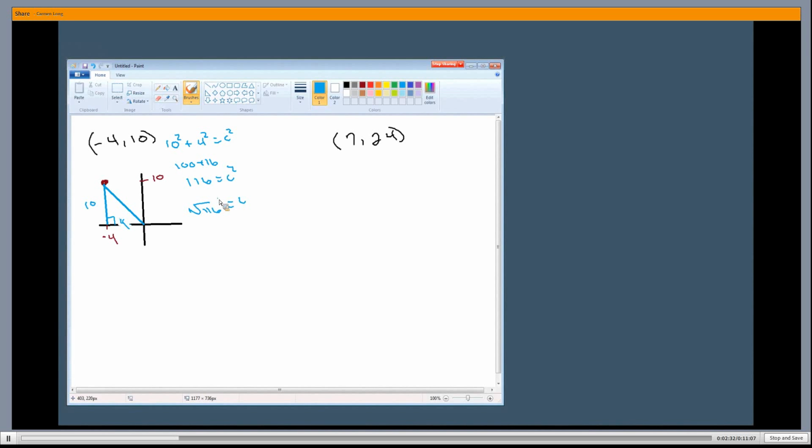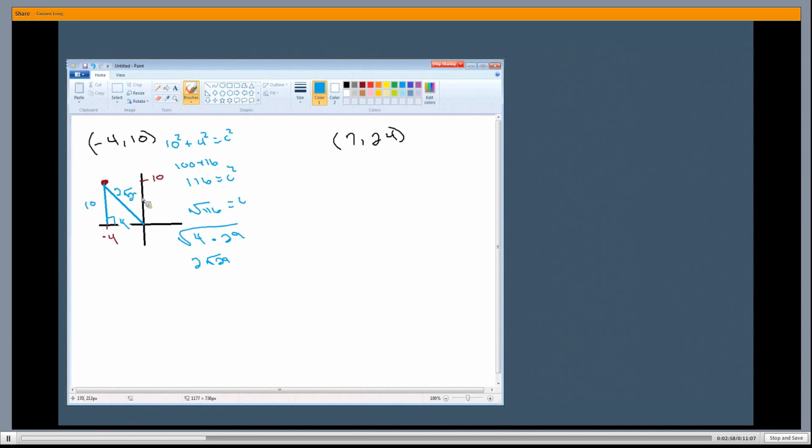Oh yes, 4 and 29. So we're going to divide 116 into 4 times 29. 29 is prime. So that gives us 2 square roots of 29 for our hypotenuse.